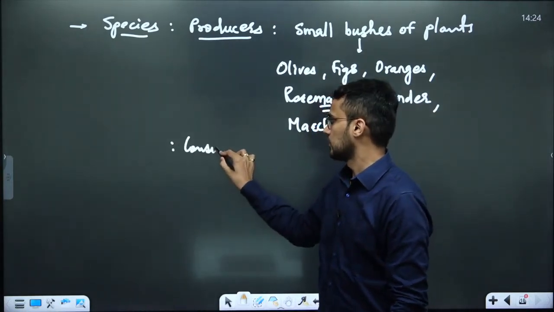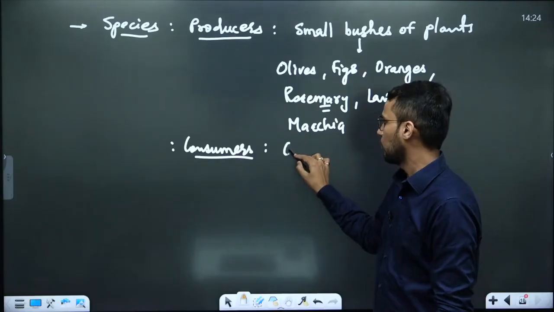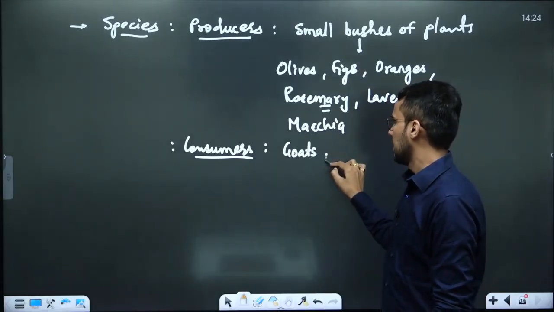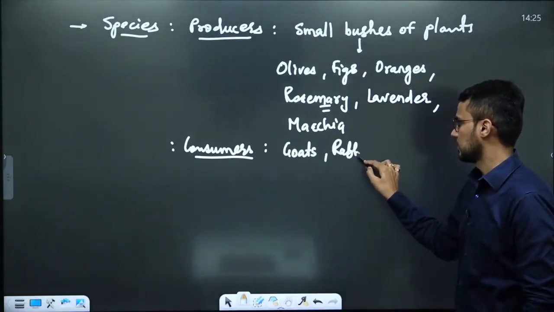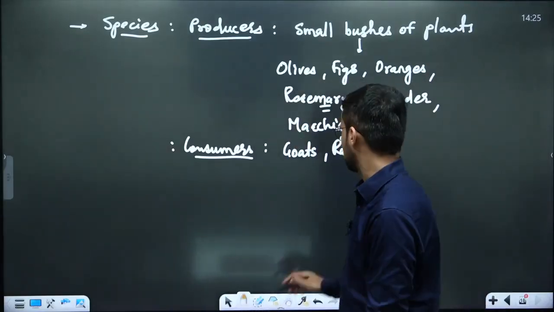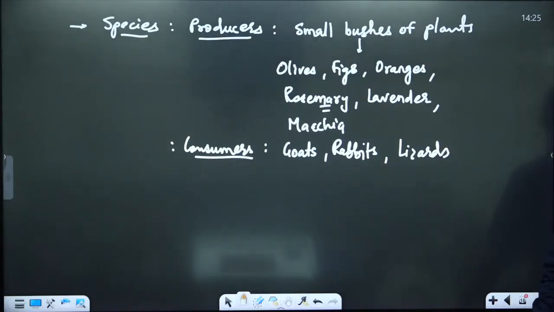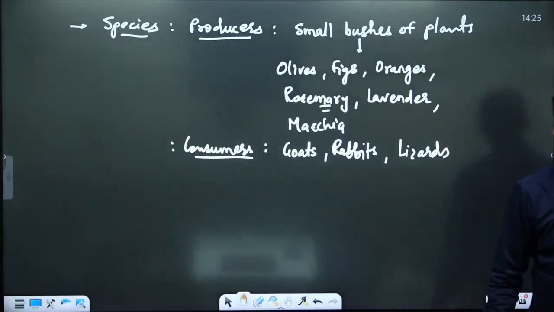Consumers. Consumers are in the form of goats, rabbits, lizards. Large animals are absent in these areas. क्यों? क्योंकि उन्हें छुपने के लिए जगह ही नहीं. Right?